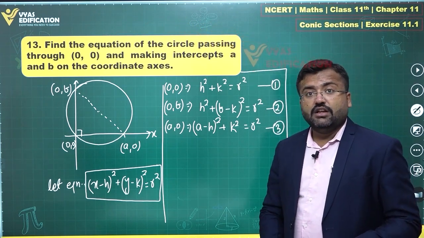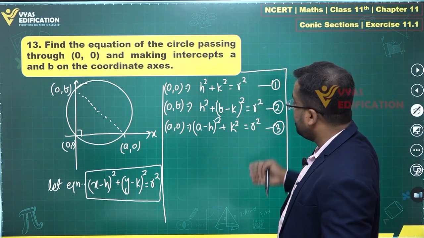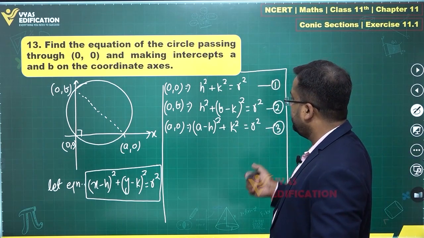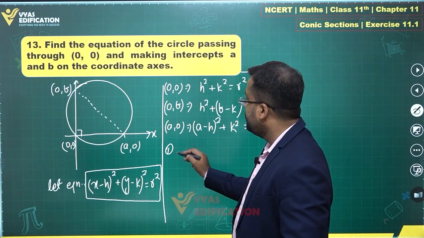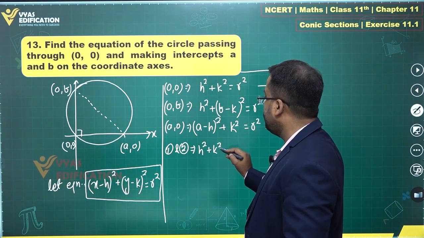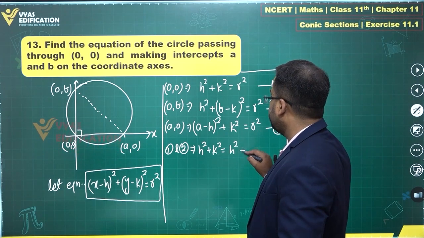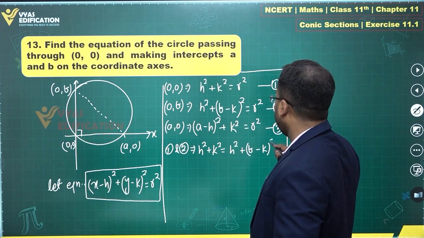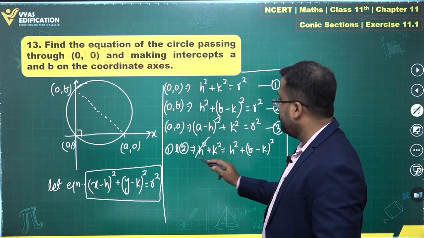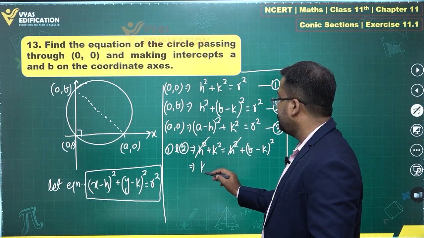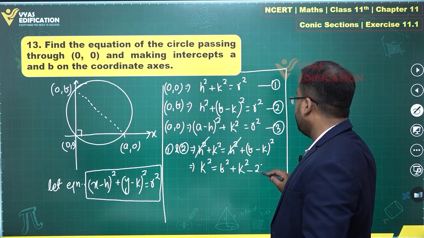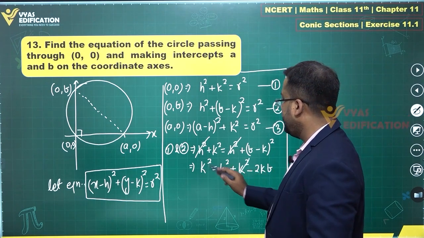What next? I have r² throughout, so I can eliminate r² easily by equating equations 1 and 2. From 1 and 2, h² + k² = h² + (b − k)². Since the r² are equal, h² gets cancelled, and k² = b² + k² − 2kb, and k² also gets cancelled.